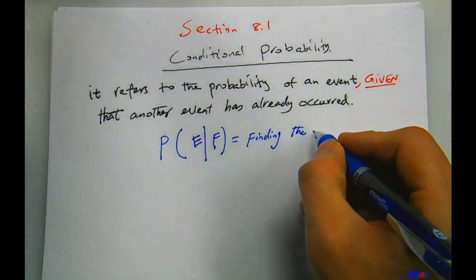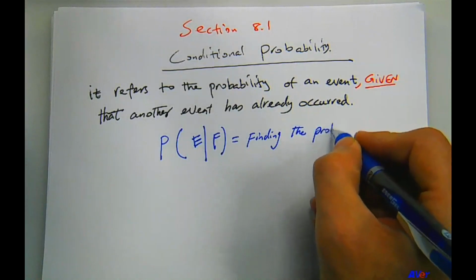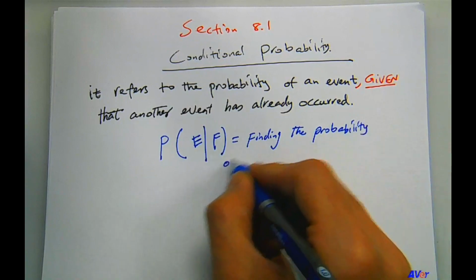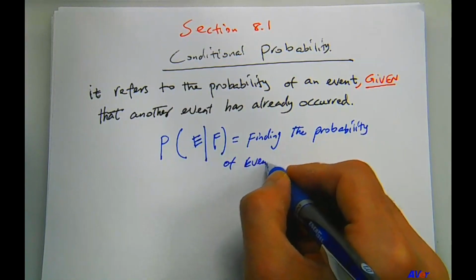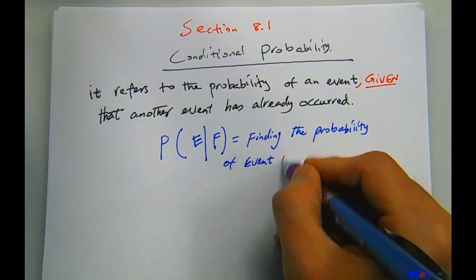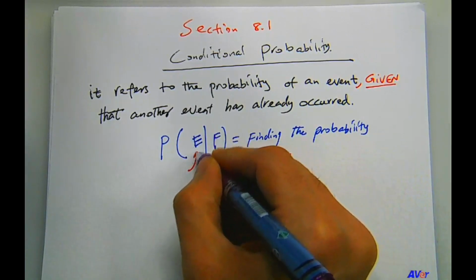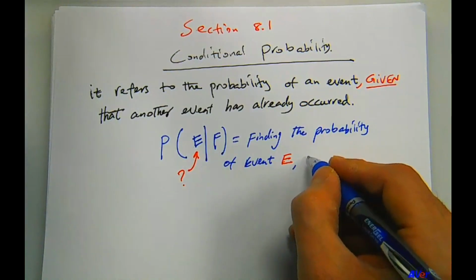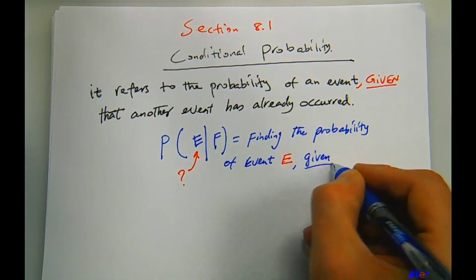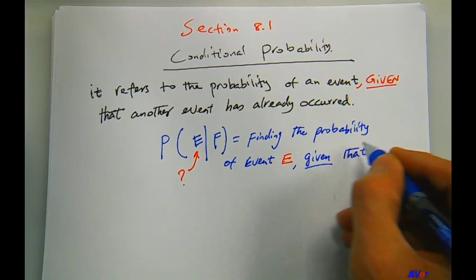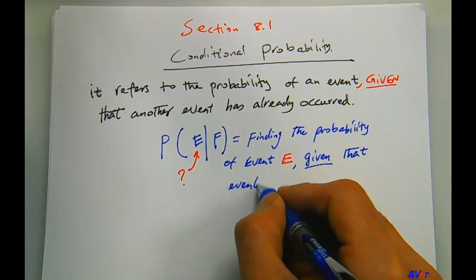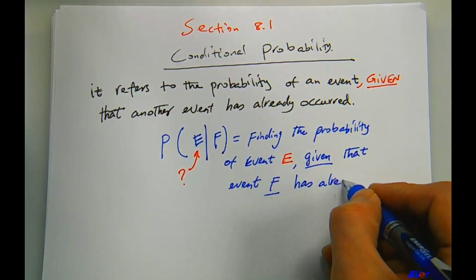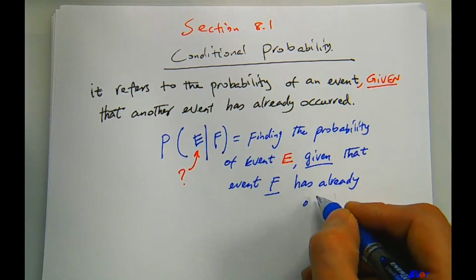So finding the probability of event E. So this event E is the unknown one, given that event F has already occurred.